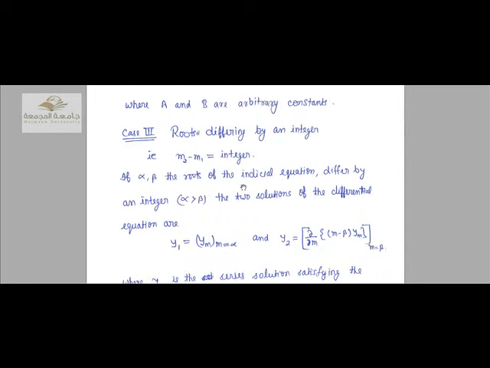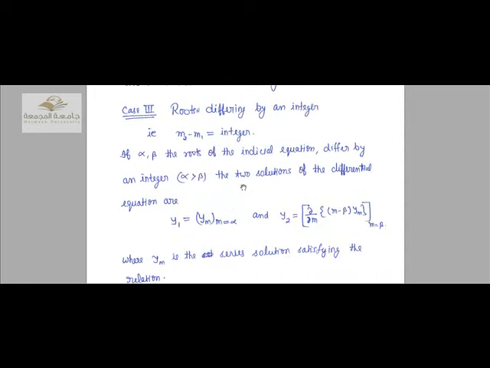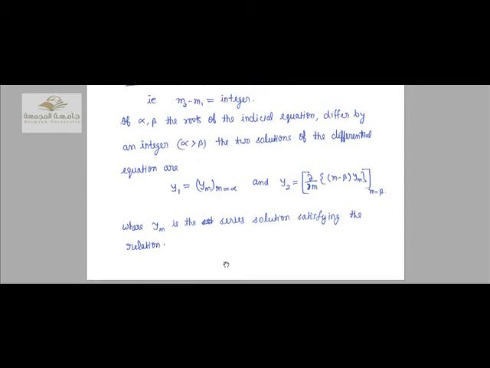If alpha, beta are the roots of the indicial equation and differ by an integer, alpha is greater than beta, the two solutions of the differential equation are y1 is equal to y(m) at m is equal to alpha, and y2 is equal to del over del m of (m minus beta) y(m) at m is equal to beta, where y(m) is the series solution satisfying the relation.